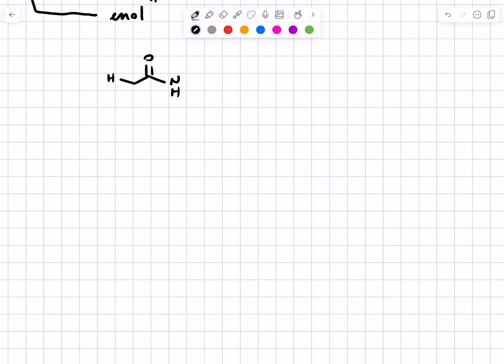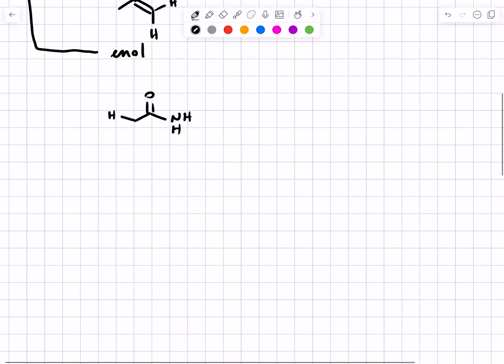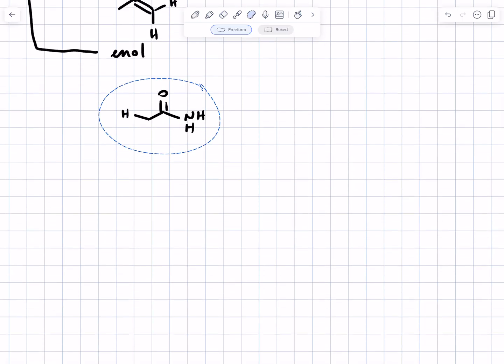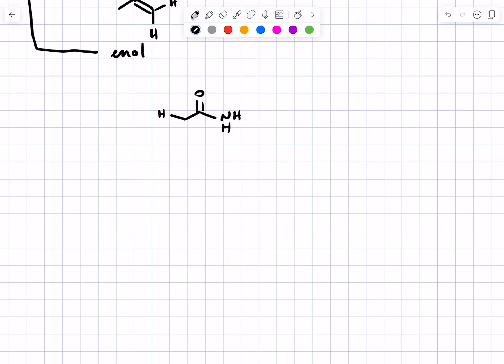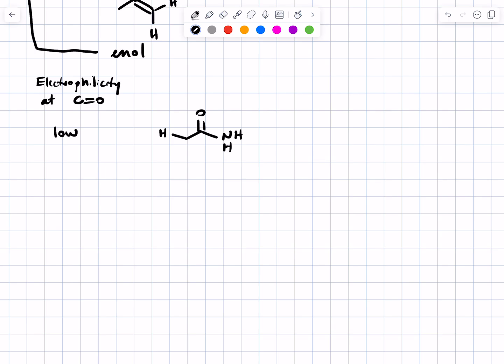There's the alpha proton. And over here, let's put electrophilicity at the carbonyl carbon. And this is stuff we've already learned in chapters 13 through 16. So pretty low for the amide.